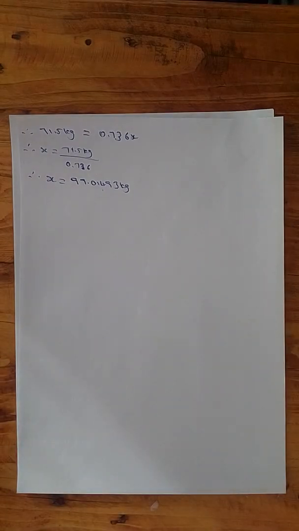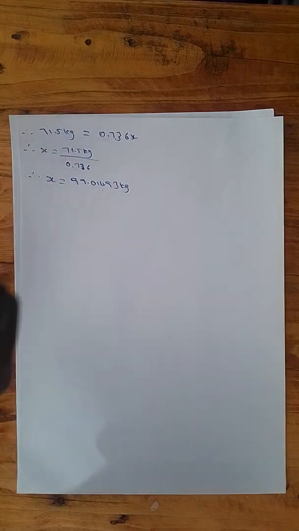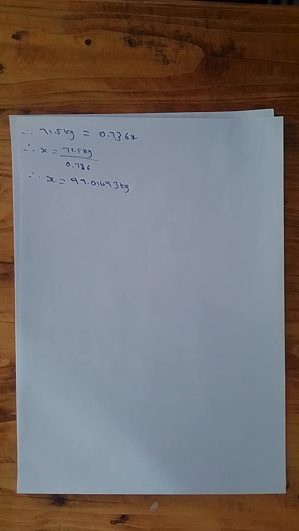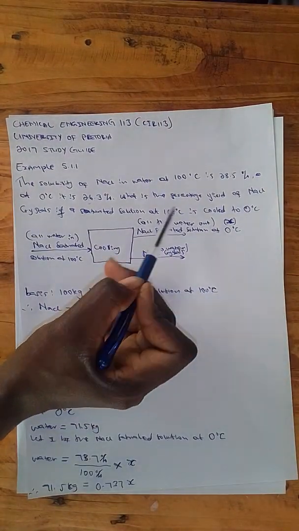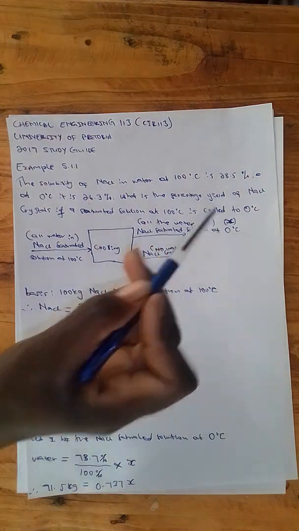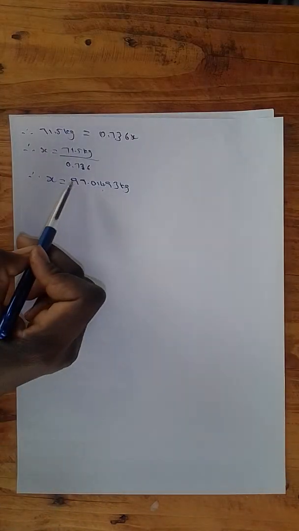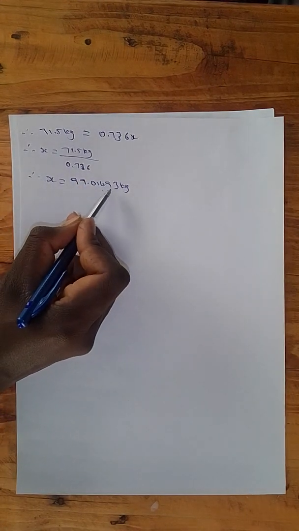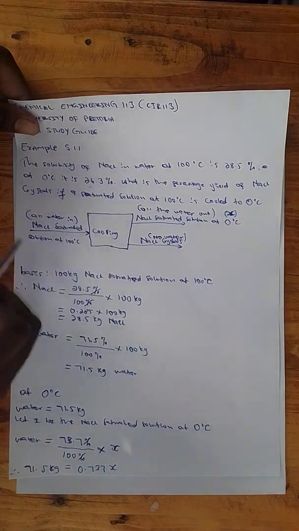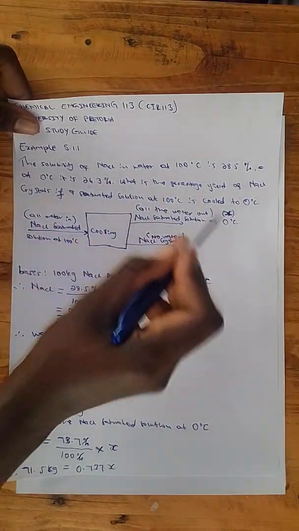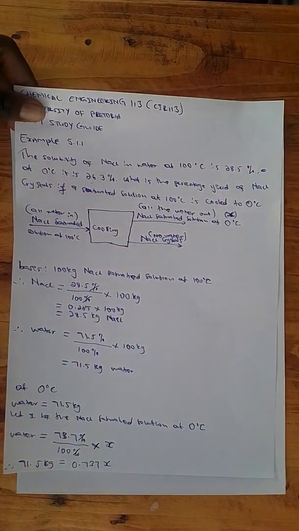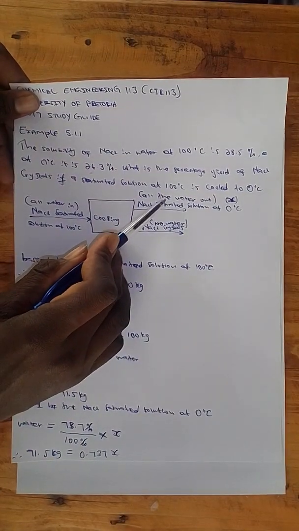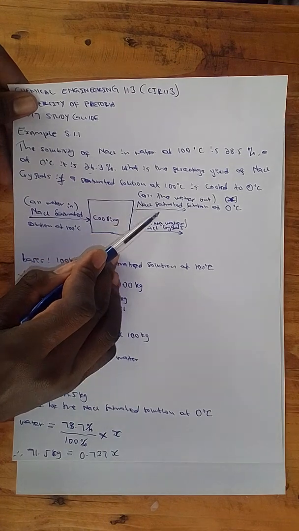So we are able to solve that X, the amount of the solution here, is 97.01493 kilograms. So it was 100, now it's actually 97 kilograms. With the amount here, we can go further to calculate.